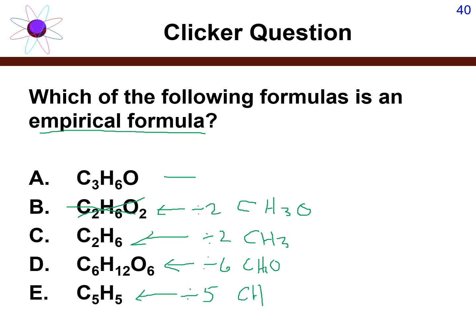But if you look up here at A, which is actually the answer, if you take 3, 6, and 1, the only thing you can really divide by is 1. And if you do that, you wind up with just simply this answer. So this is actually in its most reduced form. You can't take those subscripts and divide by anything evenly. And so that will be your empirical formula.